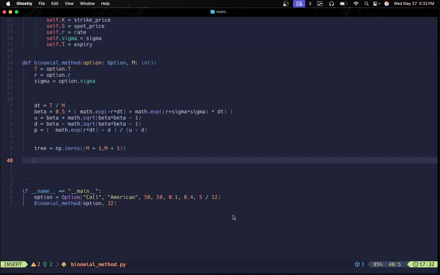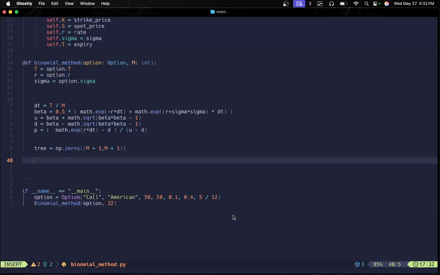And what we have to do is construct the tree. There are two ways to construct a tree, one for European and one for American. American does both what the European does.